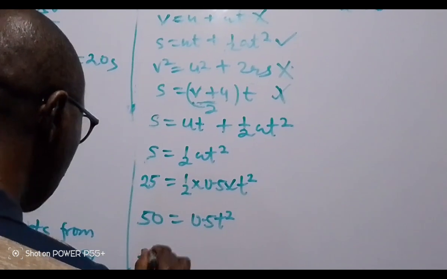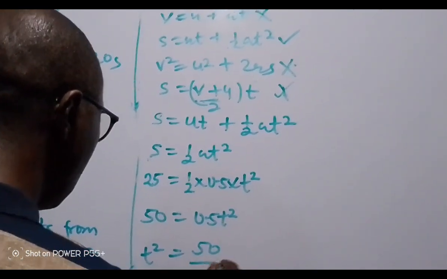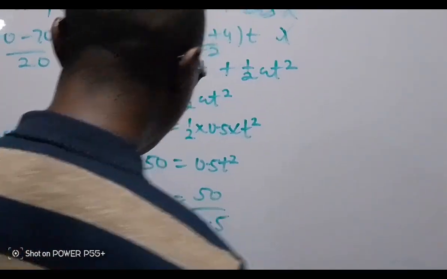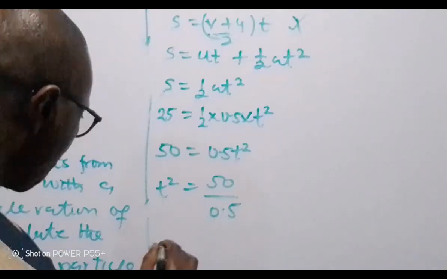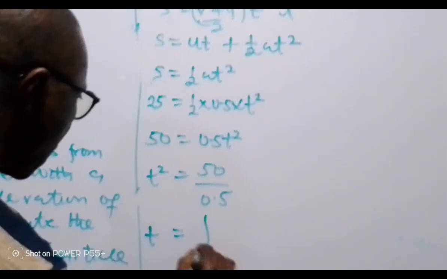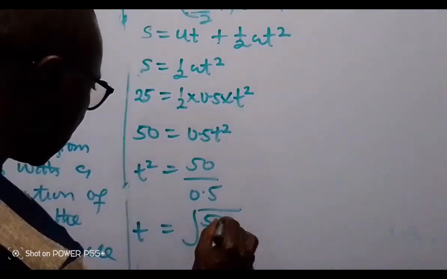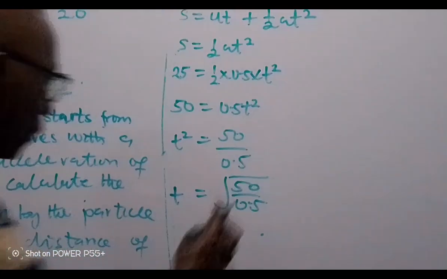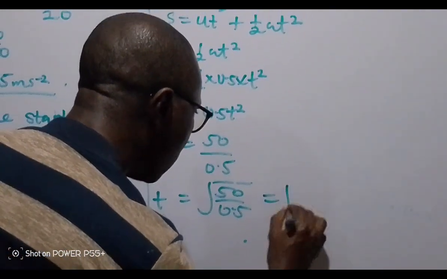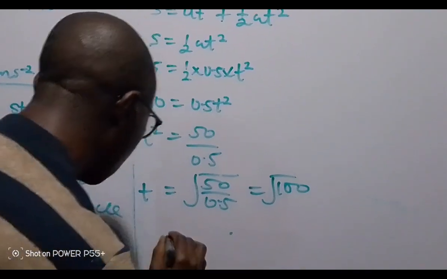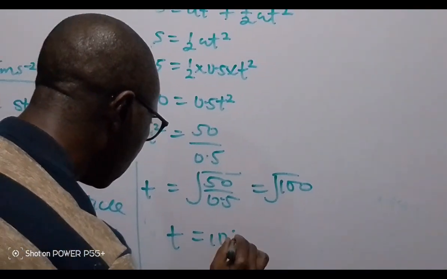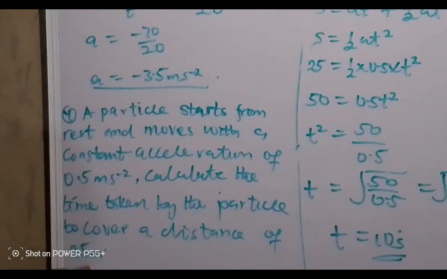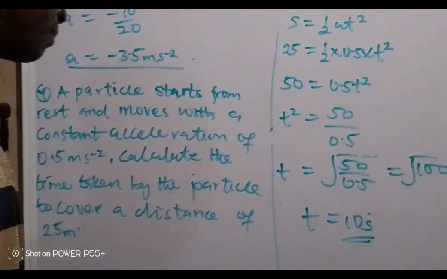So t squared is equal to 50 over 0.5, and t is equal to the square root of 50 over 0.5. Now, 50 divided by 0.5 gives us 100, and root 100 is equal to 10. So the answer is 10 seconds. It means we use 10 seconds to cover a distance of 25 meters.